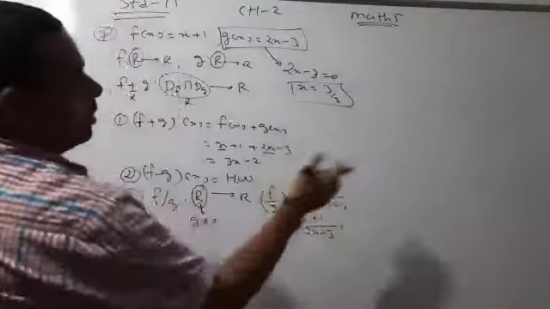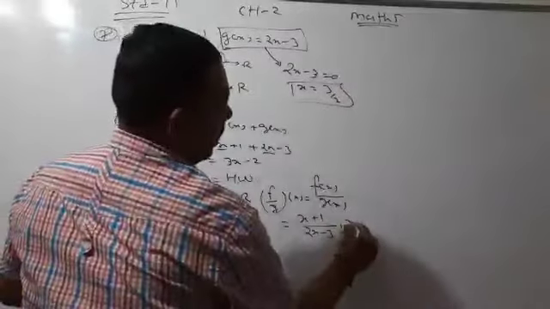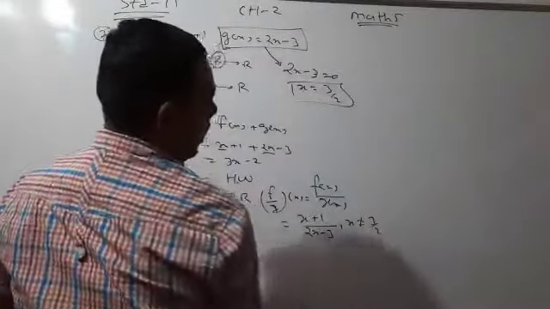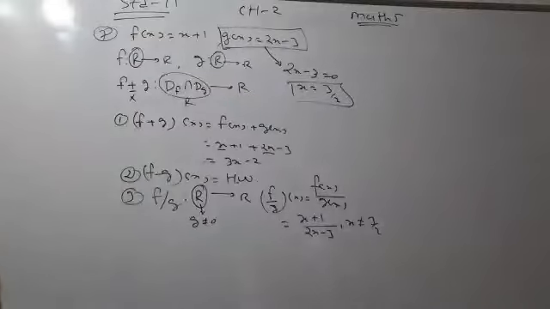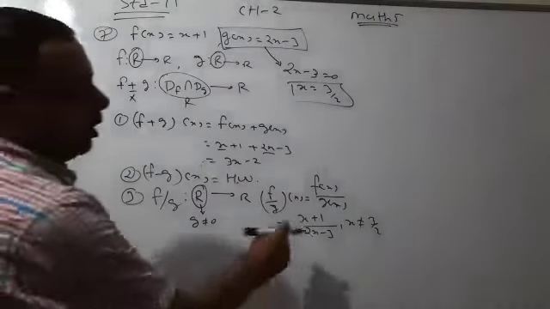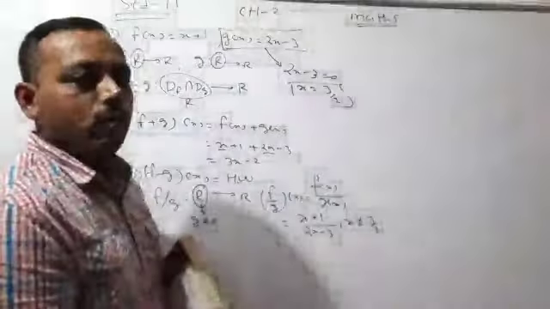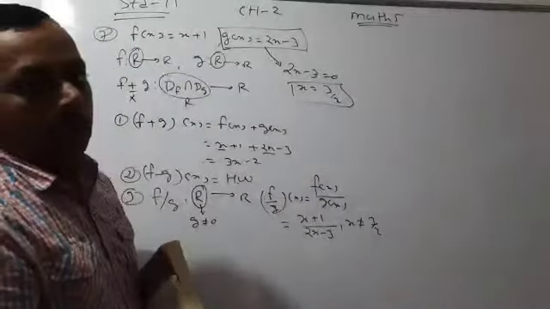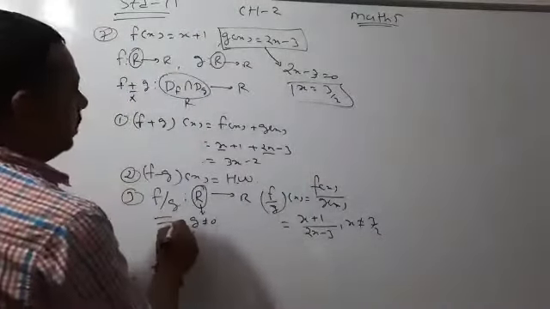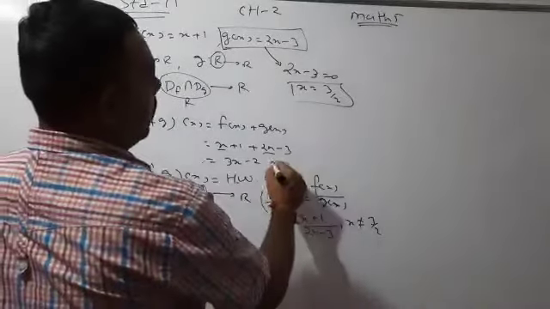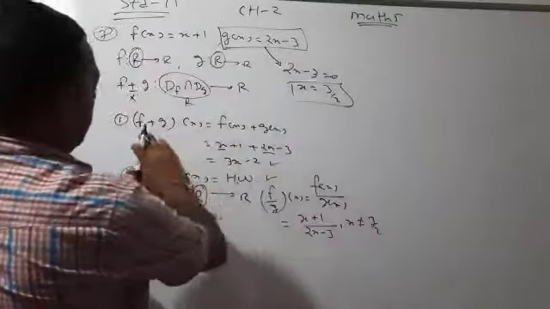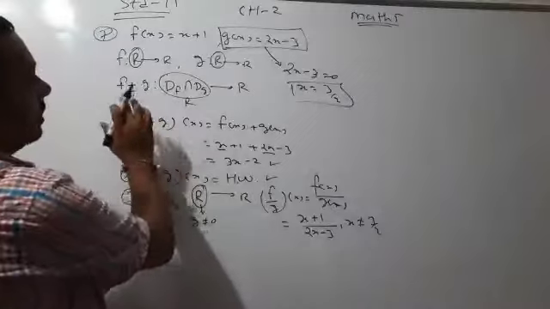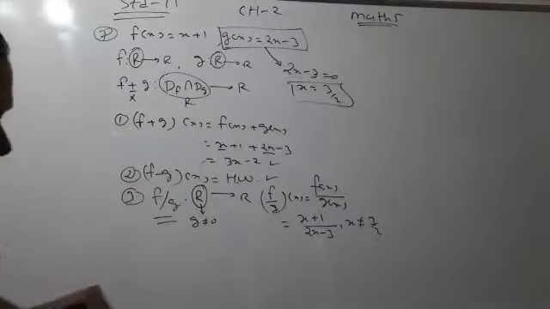But one more condition is there, that is x is different from 3 by 2. As I told you, if I consider 3 by 2, then the denominator becomes 0 and the function is not defined. Hence, that value of x is not considered in this particular f by g. Otherwise, it is R for f plus g, f minus g, as well as f into g.